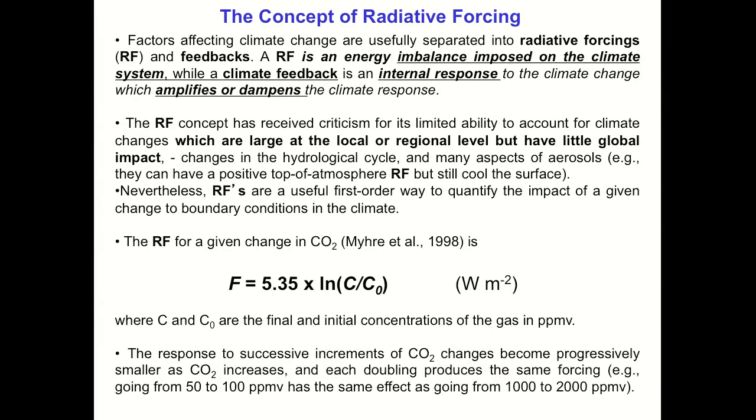Now remember that the response to successive increments in CO2 becomes progressively smaller as CO2 increases, because each doubling, for example, produces the same forcing. So going from 50 to 100 has the same effect as going from 1,000 to 2,000. But it's the additional radiative forcing we're interested in here.